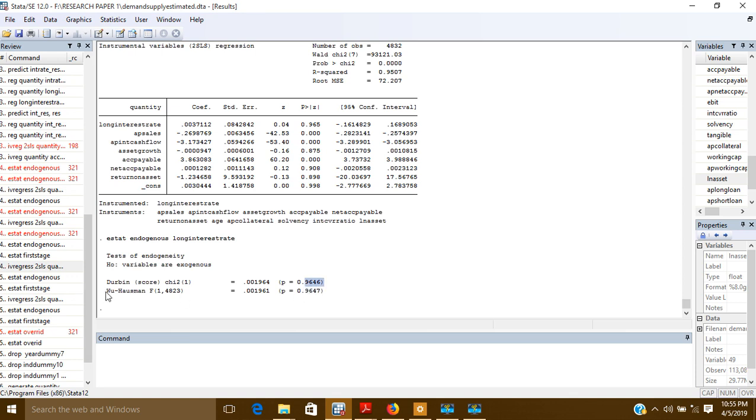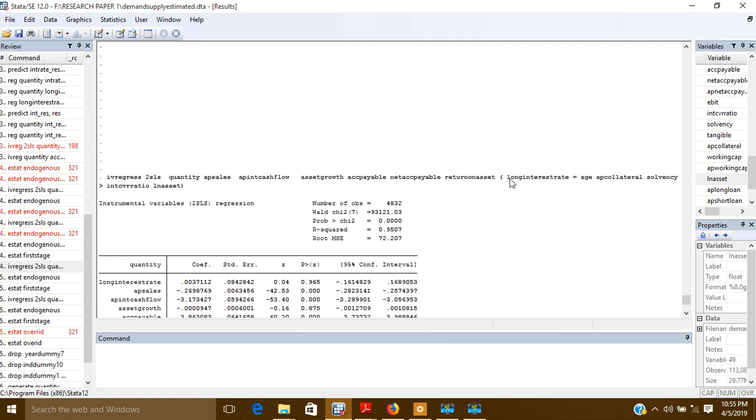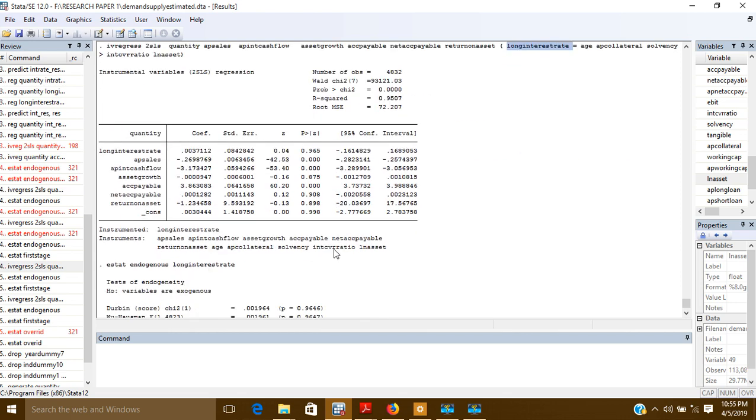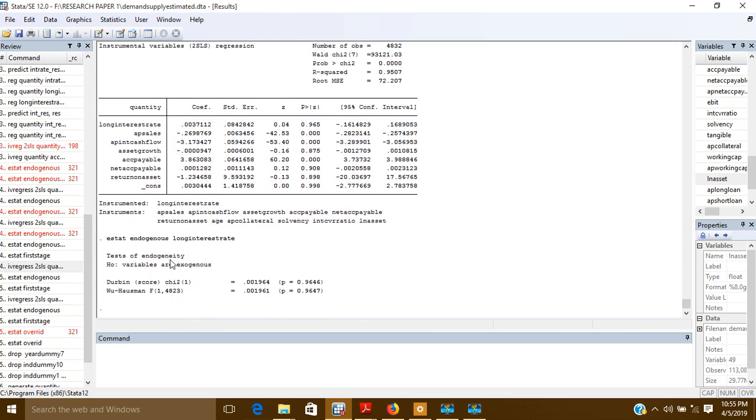The Wu-Hausman test also says 0.9647, which also says that the null hypothesis cannot be rejected. It means that our variable, the long interest rate, can be taken as an exogenous variable.